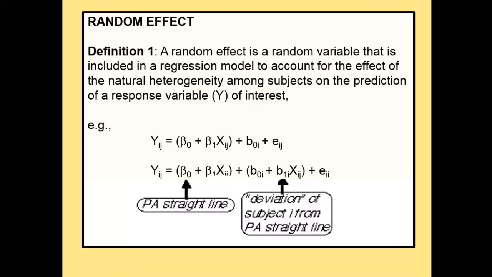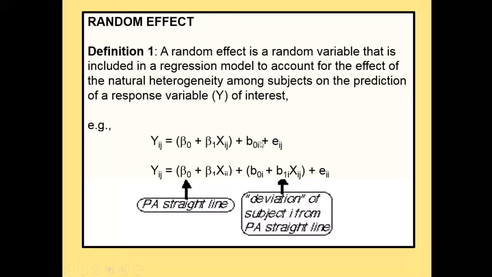So this is something that changes with the subject. So this B0i represents how individual subjects are affecting what happens to y. That's what I mean by the natural heterogeneity among subjects. Because if we're talking about i equal to 1 or i equal to 2, this could be a different value, and this could make a difference in what y is. So that's what we mean by that.